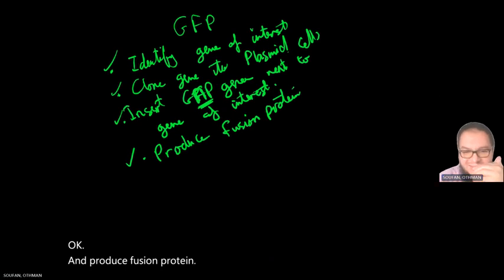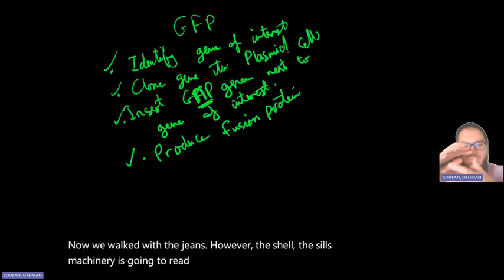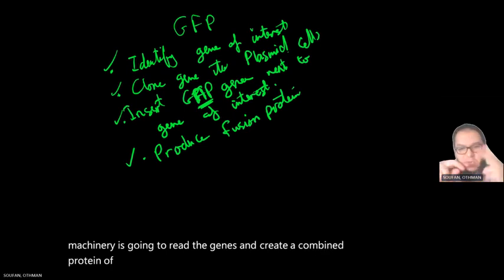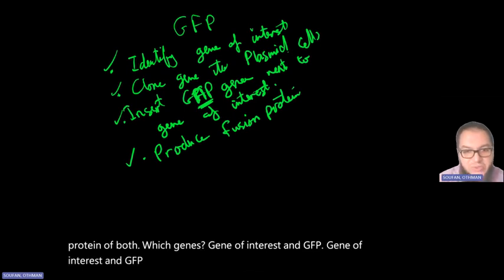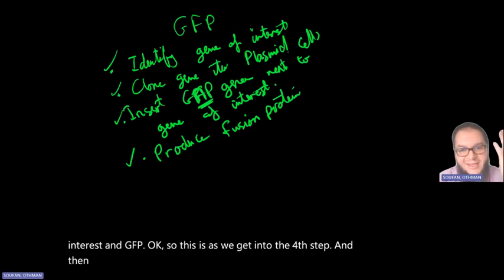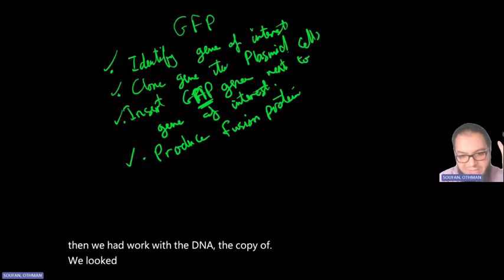Now we have worked with the genes. However, the cell's machinery is going to read the genes and create a combined protein of both. Which genes? The gene of interest and GFP. As we get into the fourth step, we have worked with the DNA, the plasmid, which is a circular piece of DNA.